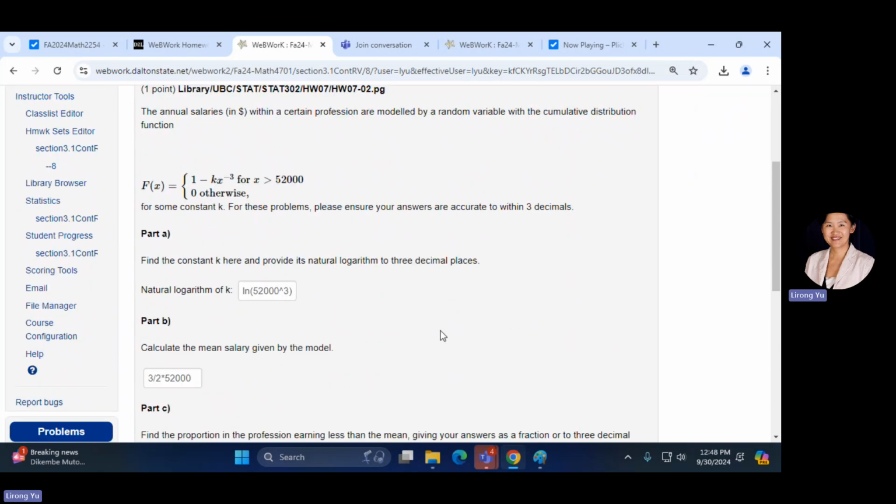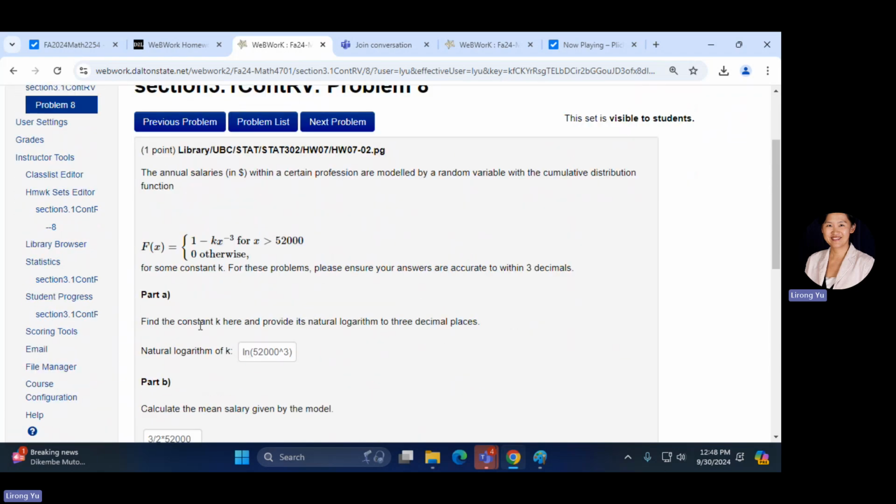All right. The first question was to find the K. It's the integration of the density function, in this case from 52,000 to infinity. The integration of the density function should equal 1.